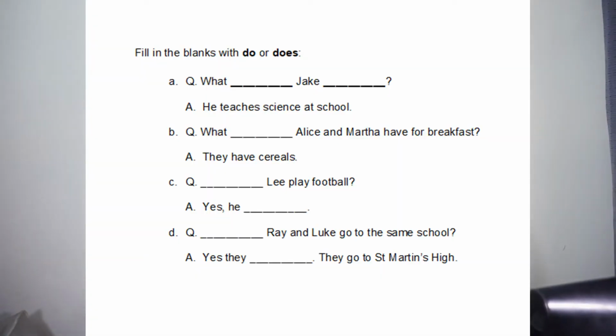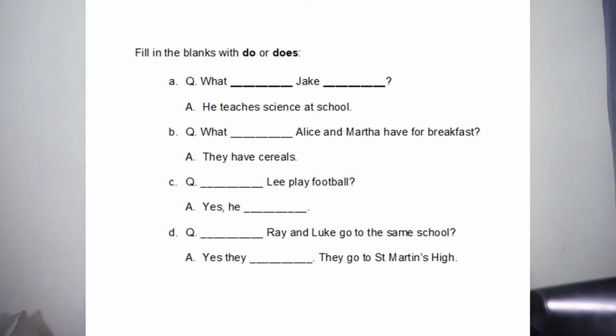Right. Now let's go to exercise 2 in your handout, that worksheet. I want you to fill in those blanks A to D with do or does. So let's look at the first one.